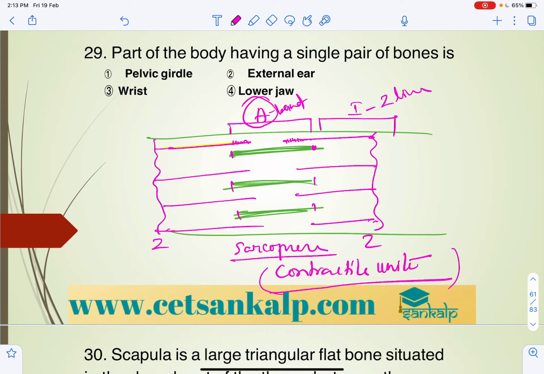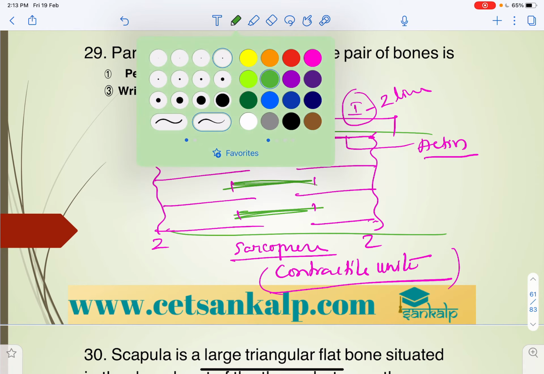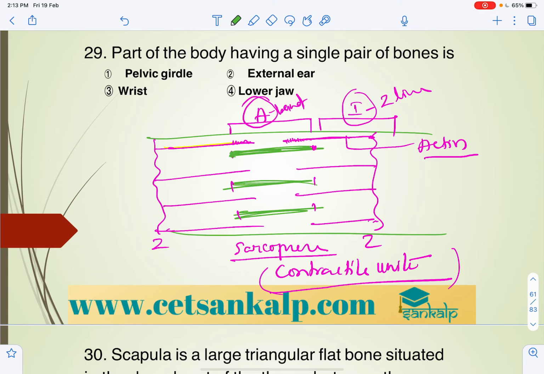Both actin, and this is actin filament, not confined to I band, little extended to A band. But myosin, represented in the green, is confined to A band, they are not extended to I band.